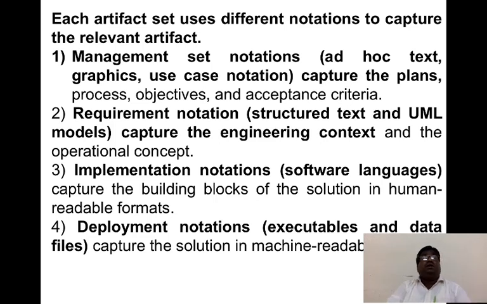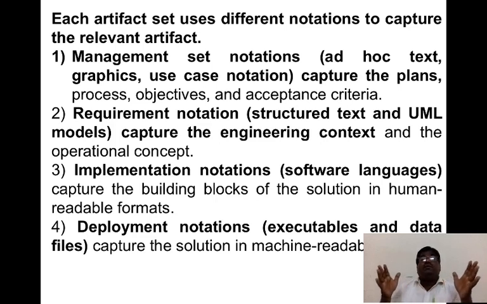So each artifact set uses the following notations to capture the relevant artifacts. Here, management set notations. As I already told you, artifacts are relevant information and tools supported for development of the work, development of the project. So what are the projects you want to design?